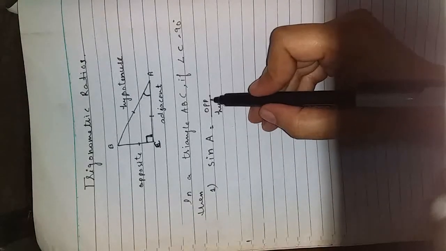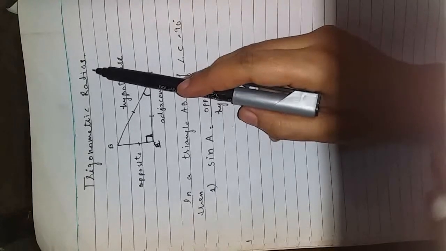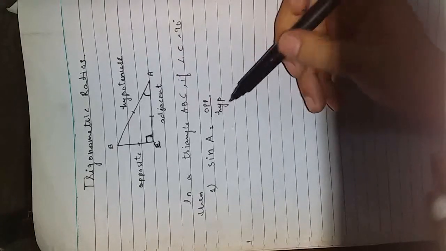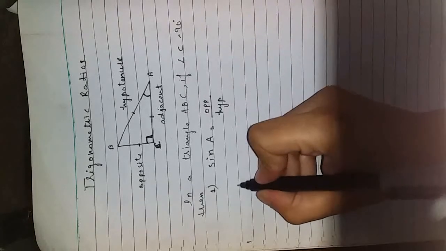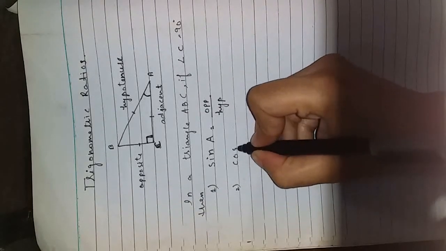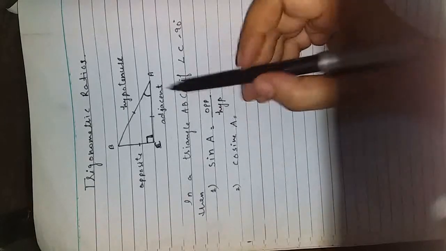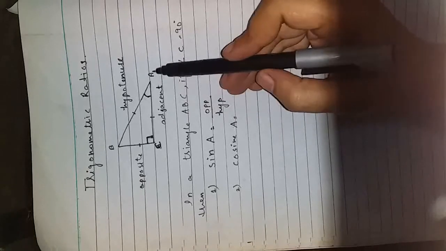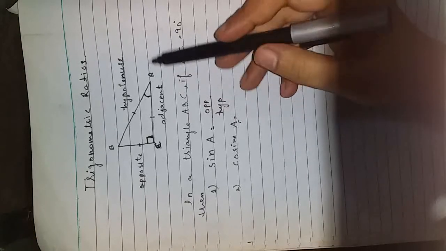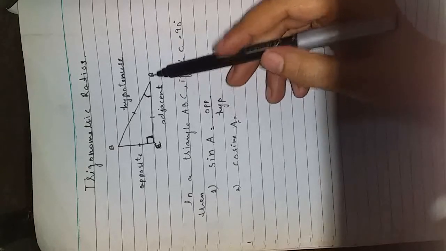Ratio means the value in the form of numerator and denominator. That's why this is called ratios. Got it? The value in the form of a fraction. Second ratio is cosine A. Because there is angle A, that's why we write A. If there is angle B, then we write cosine B. If there is angle C, then we write cosine C. It depends on the diagram.